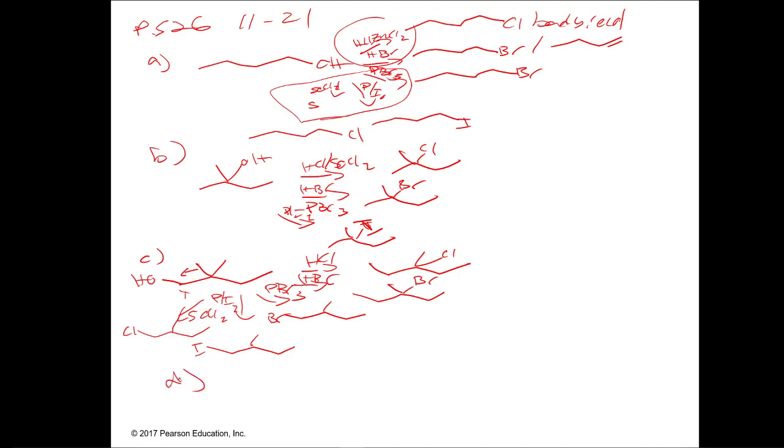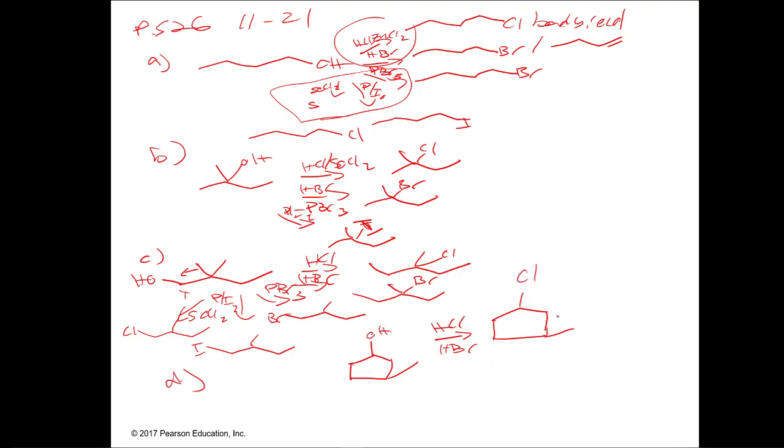And finally, cis-3-methylcyclopentanol. So cyclopentanol, HCl, HBr. It's secondary, so they shouldn't have any issue, and you can't rearrange.